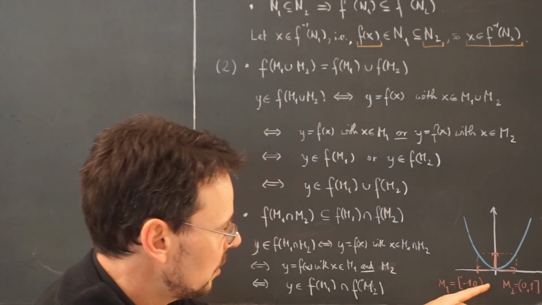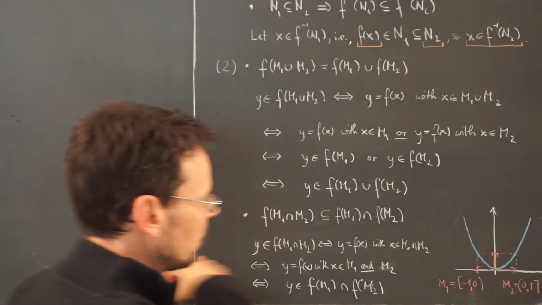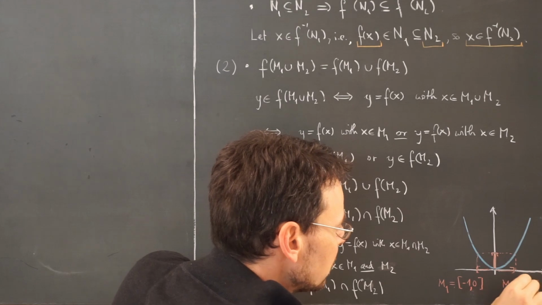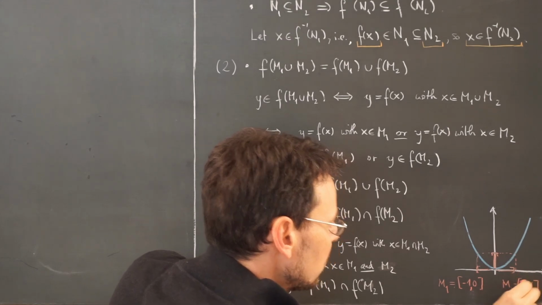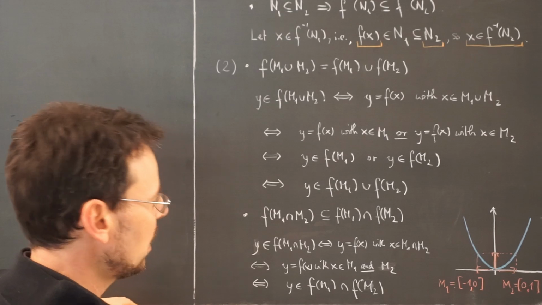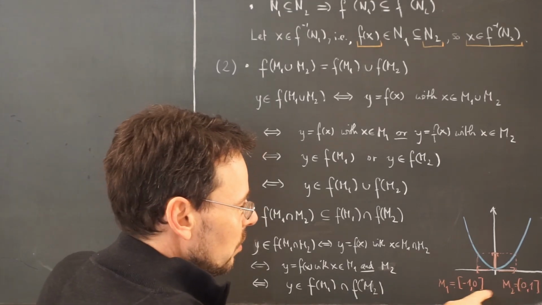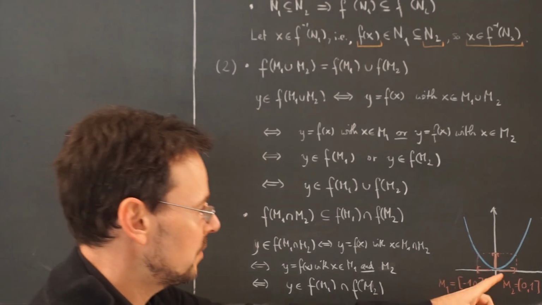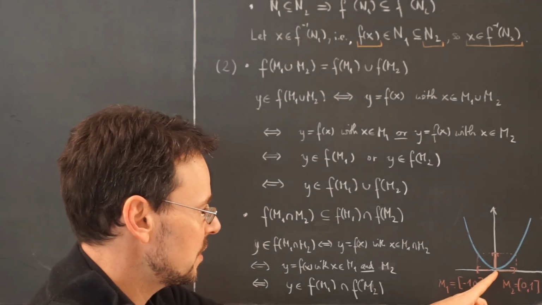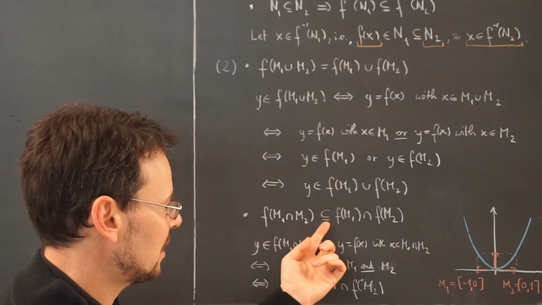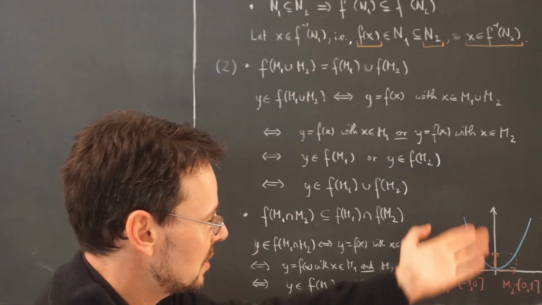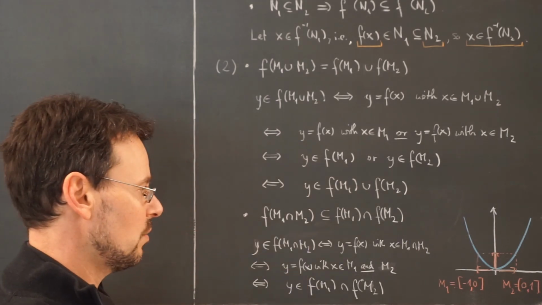But I could have changed this example here with these sets so that the number 0 belongs. Then the intersection of both is not the empty set, but the singleton set consisting of 0. f of 0 is 0, and this again is clearly a subset of the intersection of those two images here, which is simply the interval from 0 to 1.